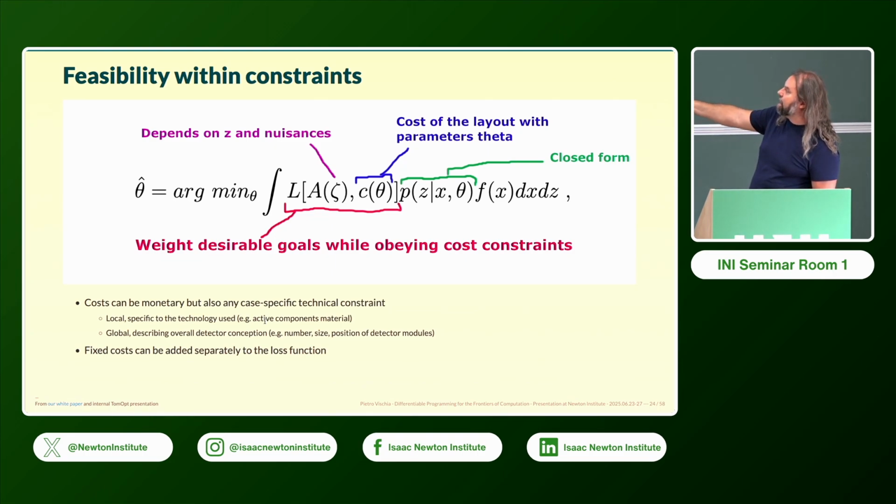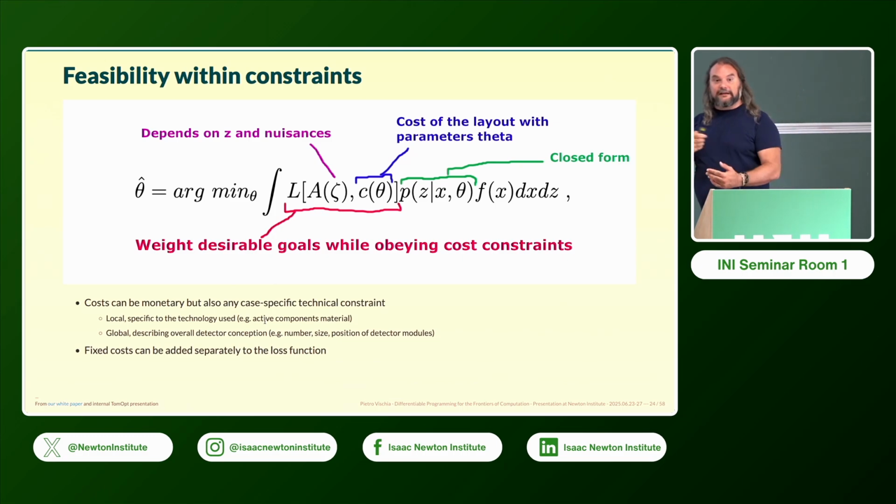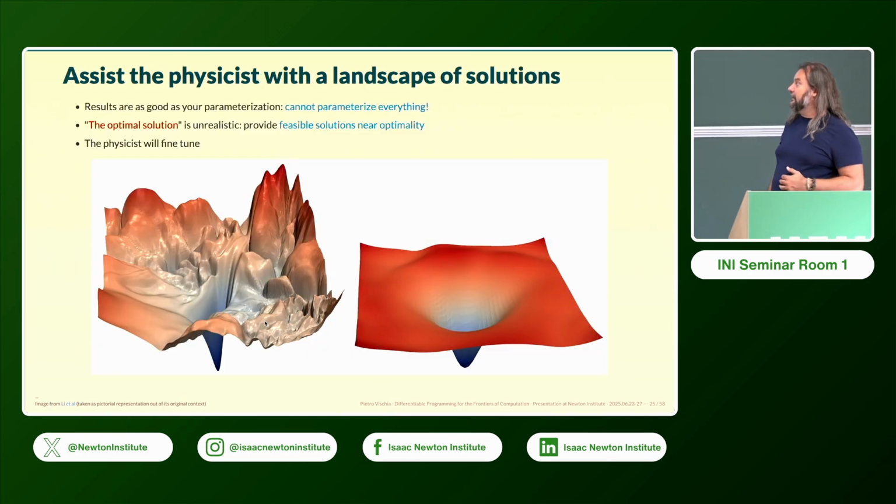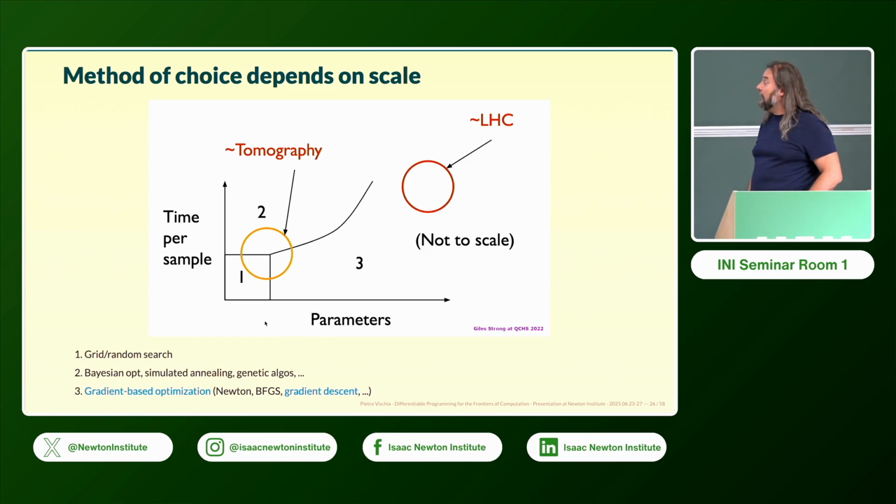This is a constrained optimization where we can find a trade-off between cost and performance. However, what we want to do is to optimize big experiments like the Large Hadron Collider, I mean the future versions of it. But we are still far from it, so we started simple.